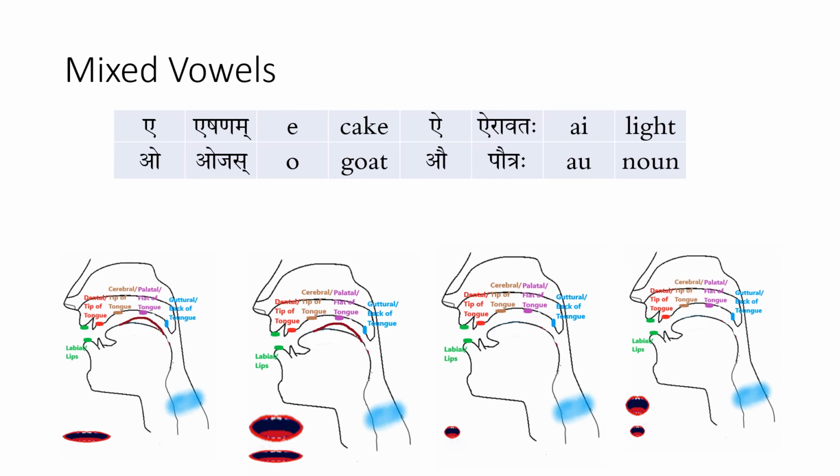Again, the throat retains a relaxed natural position, like A and U. The Sanskrit word example here is pautraha, the ow sound, and the English equivalent is something like noun, the ow after n. So with this, we have seen the techniques of pronouncing all the 13 vowels in the Sanskrit alphabet. Thank you.